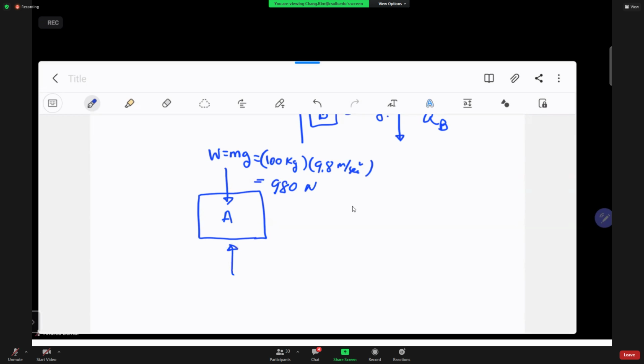And still the normal force is acting upward, and also the tension in the cable pulls block A to the right. So this is the free body diagram. And block A is to move to the right.